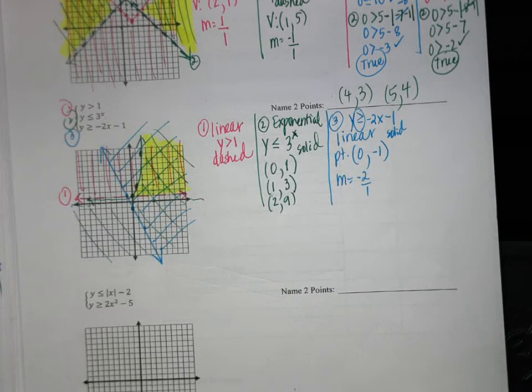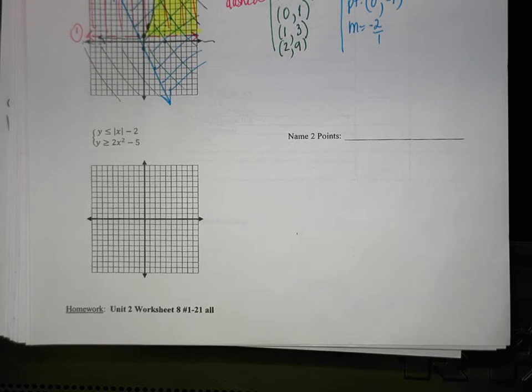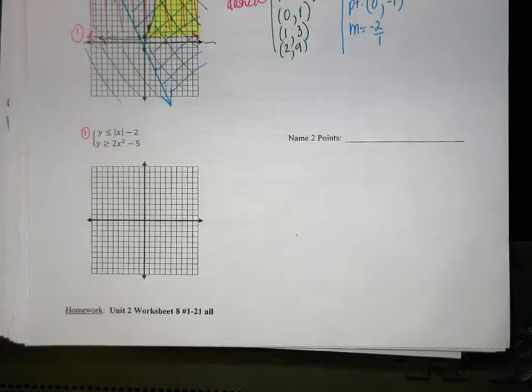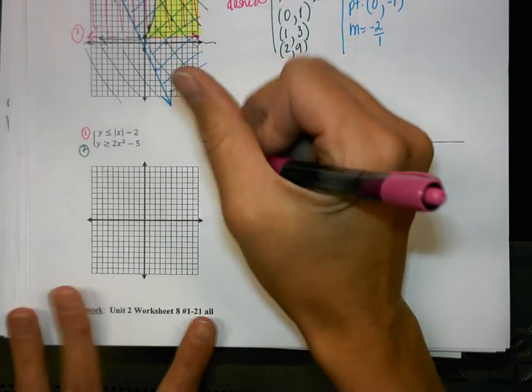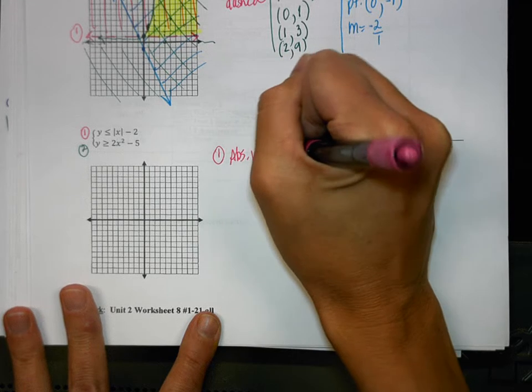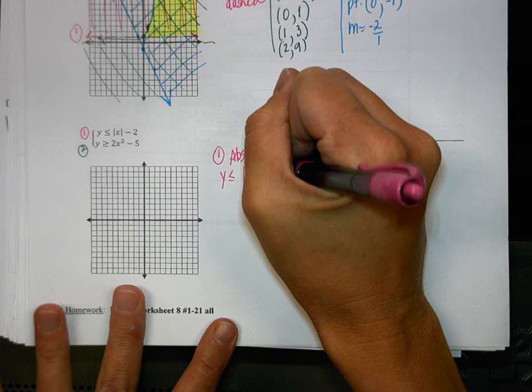Okay, last one. We're going to go ahead and do here. This one is only 2 equations. So that's going to be our equation 1. This is equation 2. Starting with equation 1, that is an absolute value. The equation is y is less than or equal to absolute value of x minus 2.